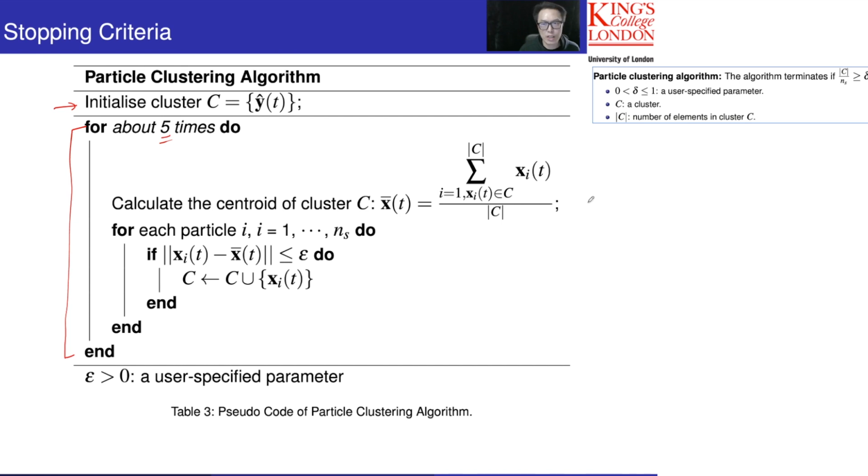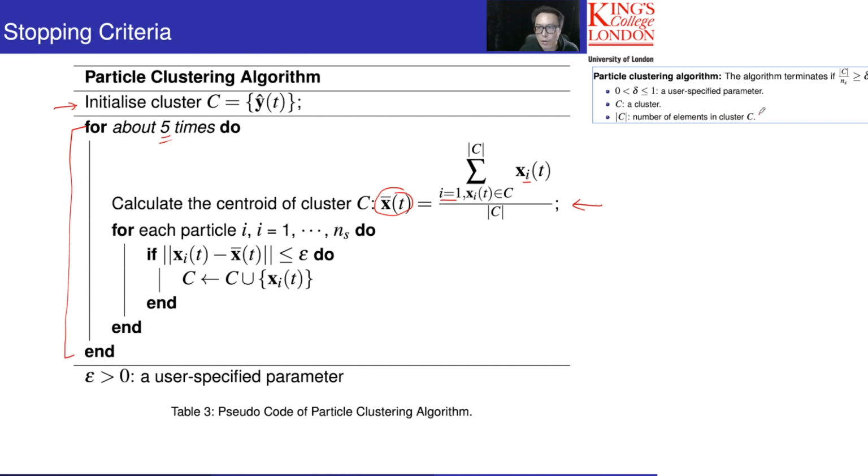When we get to this line, that is to calculate the centroid of the cluster. That means we are going to compute x bar t, the center of the cluster, defined right here, summing over the particles i from 1 to the size of C. I have to emphasize that this straight line C doesn't mean the absolute value.